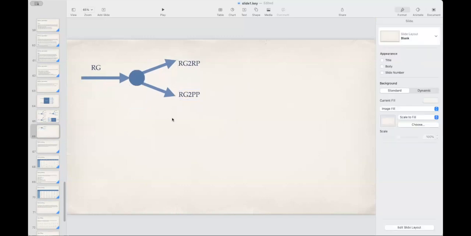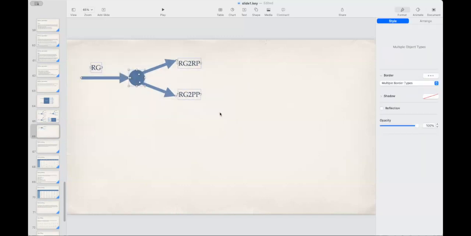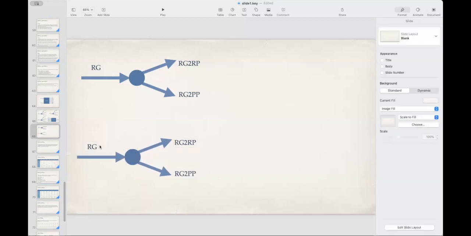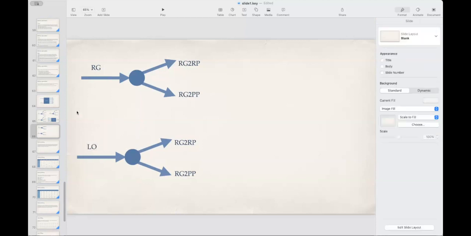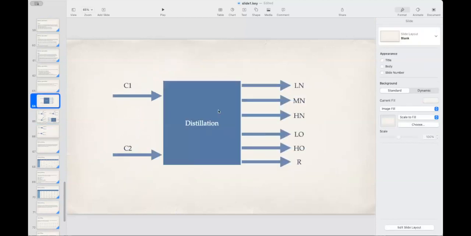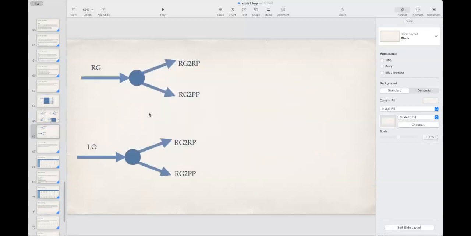Okay, we move to this. Then what we have next, back to the distillation column products. We have light oil, LO. Here, light oil.